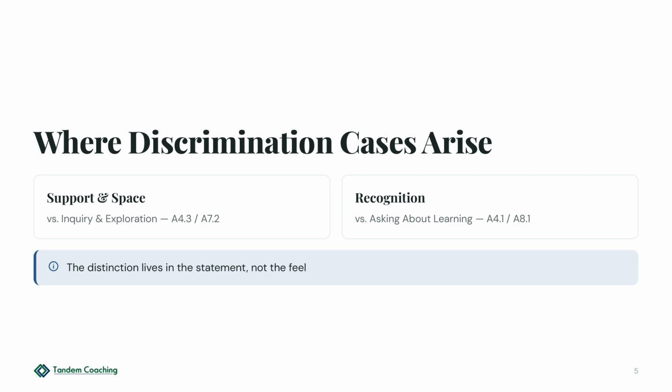The other is the line between recognizing the client and asking about their learning. Affirming what someone did is not the same as asking what they took from it. The distinction never lives in how the moment feels. It lives in the statement. So when 2 feel close, go back to the text and find the specific behavior each one describes before you assign anything.